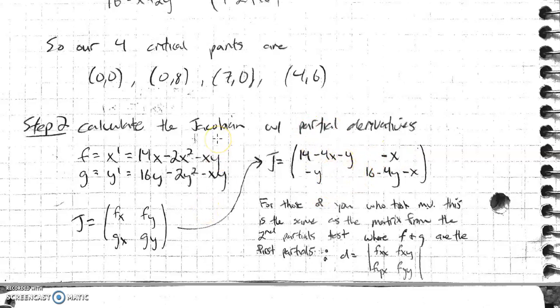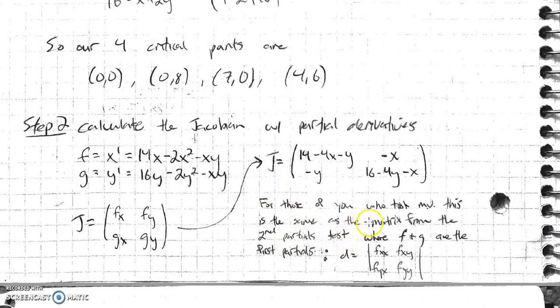So side note here, if you have taken or are in multivariable, then this operation should feel a little bit familiar. If you remember, we did the second partials test to figure out mins and maxes, and we looked at a D. It was a determinant. So I slapped determinant bars on here.